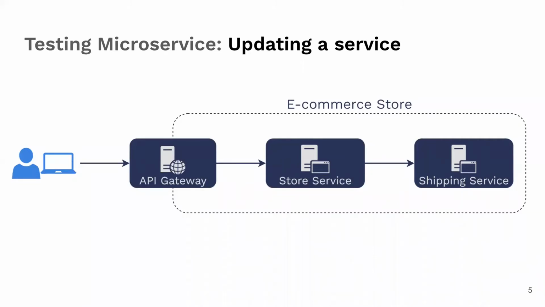As you can see in this architecture, requests from users first hit an API gateway, which then issues requests to the store service, and then the store service issues requests to the shipping service. As the maintainer of the app, Aaron decides to update the store service in order to improve its performance or perhaps integrate a new form of technology.